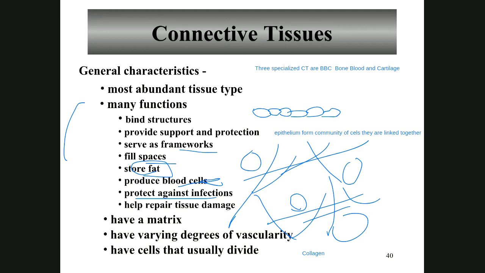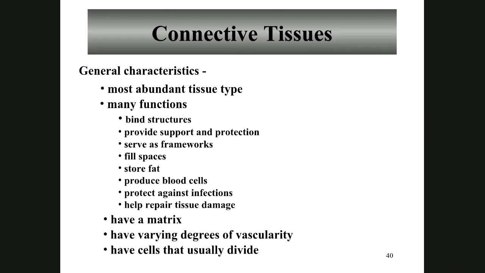The matrix is an important part of connective tissue. If the matrix is not organized, we call it loose, but in some connective tissue, they're highly organized. By organized, it goes like this.